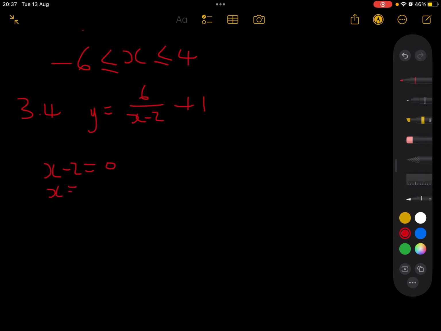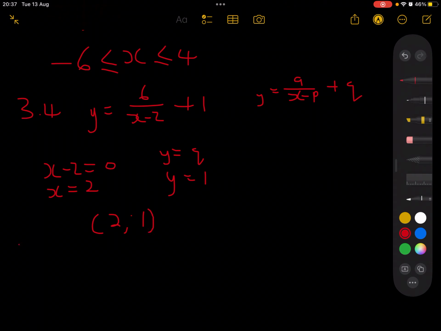Then you solve for x, which is equal to positive 2. And your y asymptote, we always say y is equal to a over x minus p plus q, therefore y is equal to positive 1. And this means that the coordinate at the intersection of the two asymptotes is (2; 1).